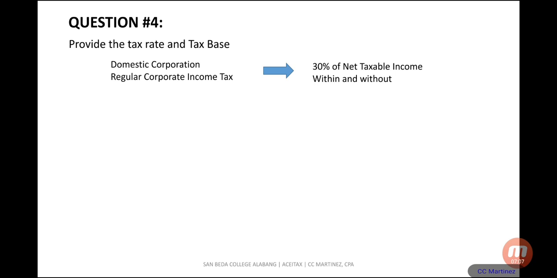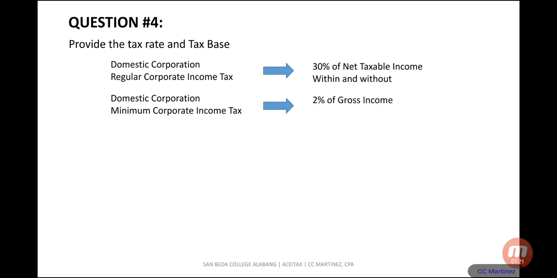Okay. Next, domestic corporation minimum corporate income tax. What is the tax rate and tax base applicable? Answer, 2% of gross income within and without. Next, resident foreign corp, regular corporate income tax.